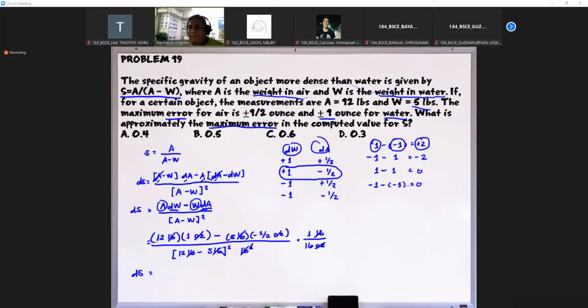That is correct, because specific gravity does not have a dimension. It has no unit, since specific gravity is a ratio between densities. So this will be 12 plus 5 over 2 divided by 7 squared divided by 16. So you will get, oops, the choices here are wrong.